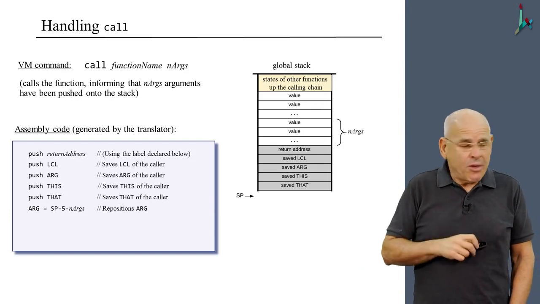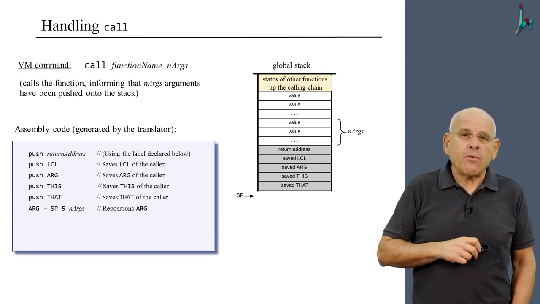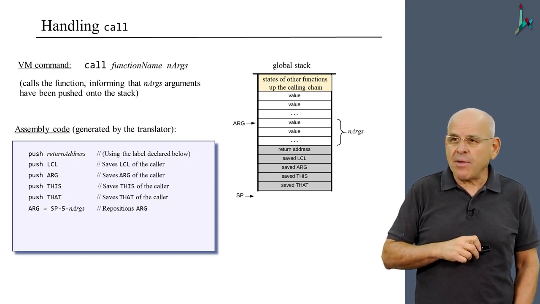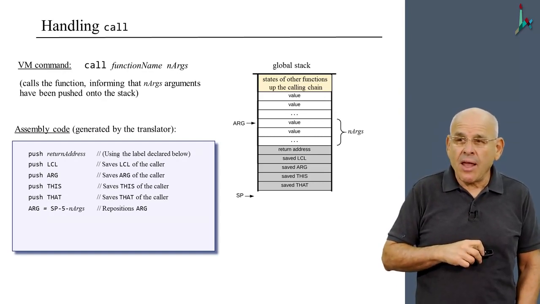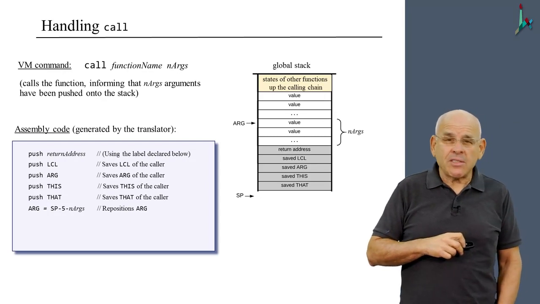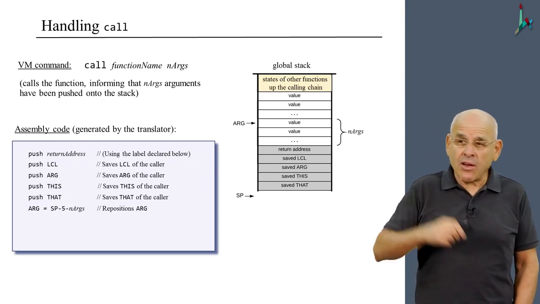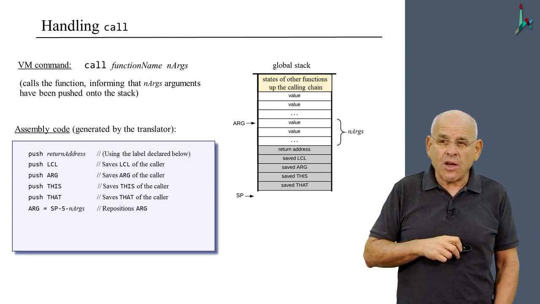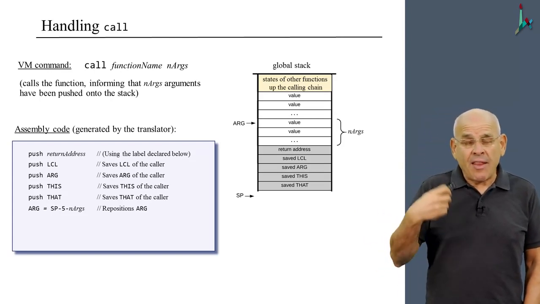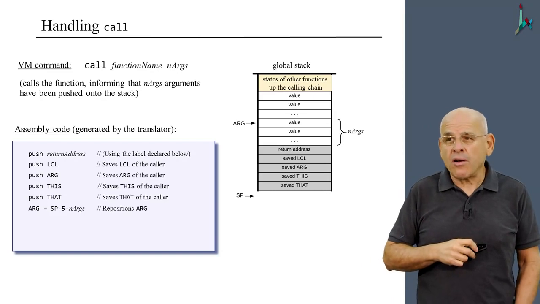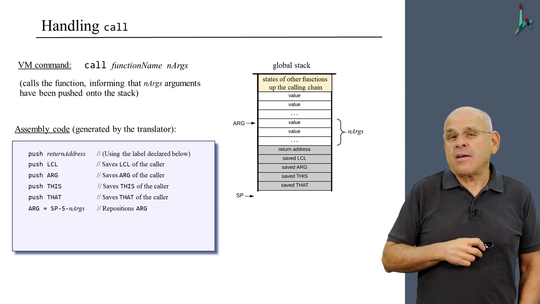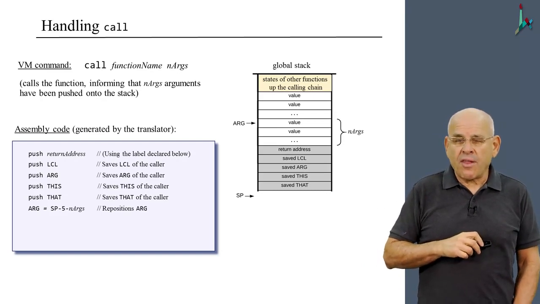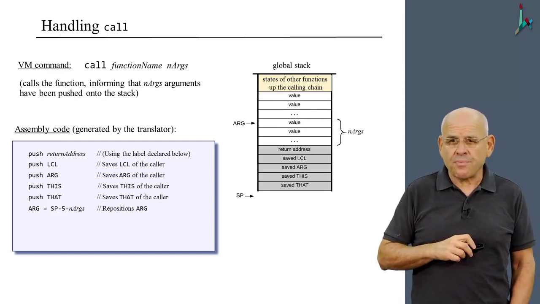Where should we reposition ARG? Obviously, at the beginning of the argument segment, which is right here. Where is this address? I can calculate it because I know how many things I pushed. I pushed 5 values, so I do SP minus 5. And then previously, the caller pushed nArgs arguments, so I know exactly where to position ARG for the called function.